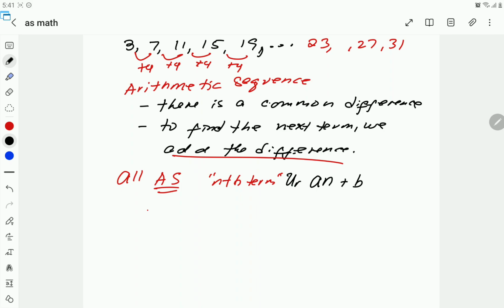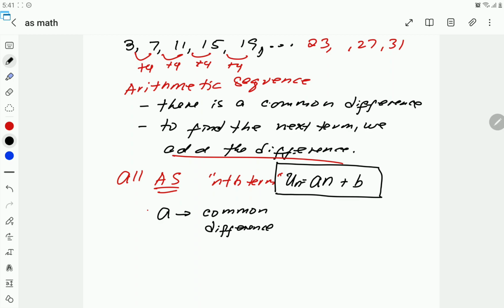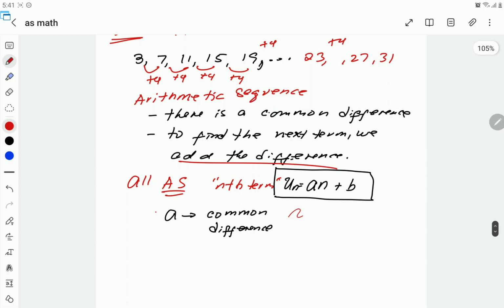So this is the formula for the nth term. All right, a n plus b, wherein the a is the common difference. A is the common difference. In our example, our common difference is 4. Our A is 4.